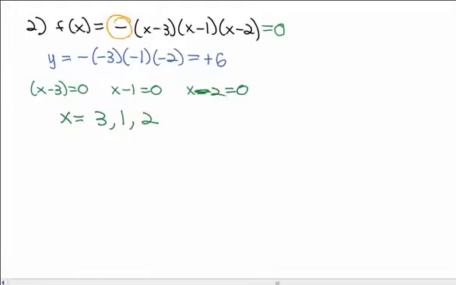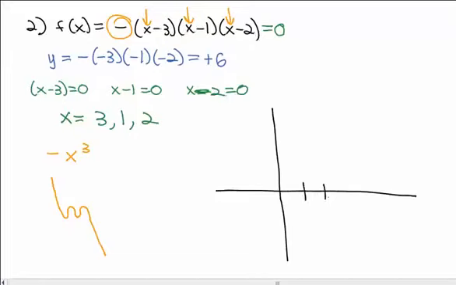For our shape, we have a negative out front times x times x times x is going to be negative x cubed. Negative x cubed, that's an odd exponent with a negative leading coefficient, so it's going to come down, wiggle, and go back out, down. So when we try and graph this, our y-intercept is at 6. 1, 2, 3, 4, 5, 6.